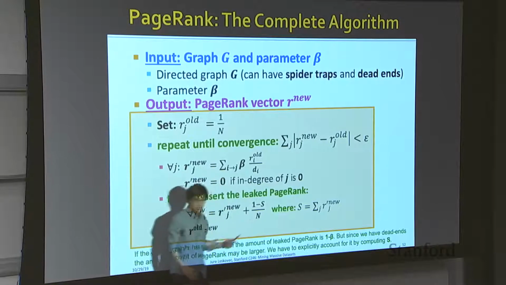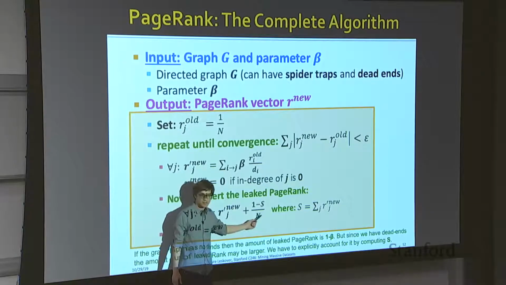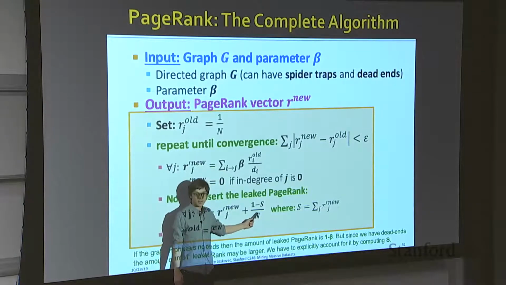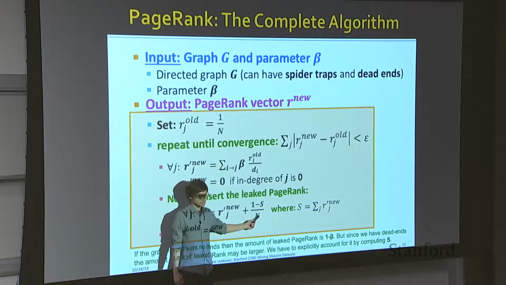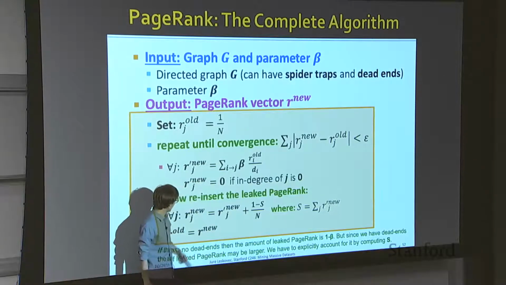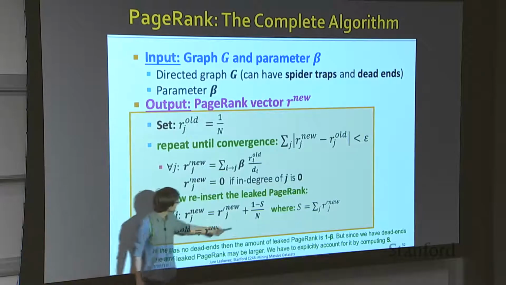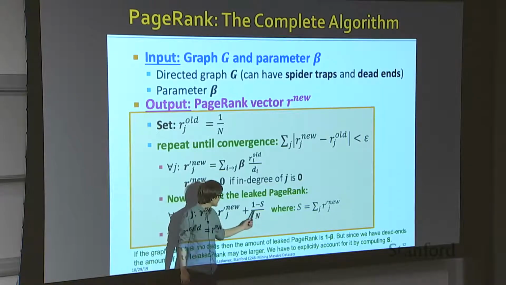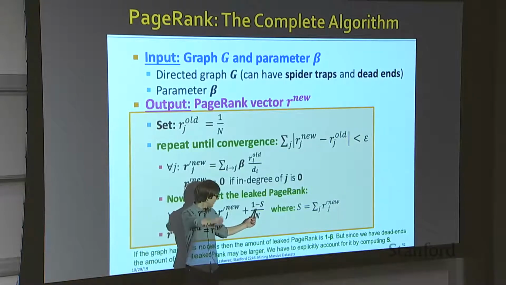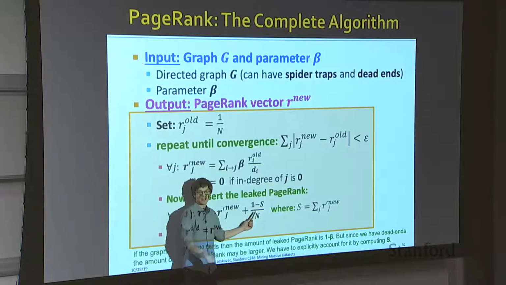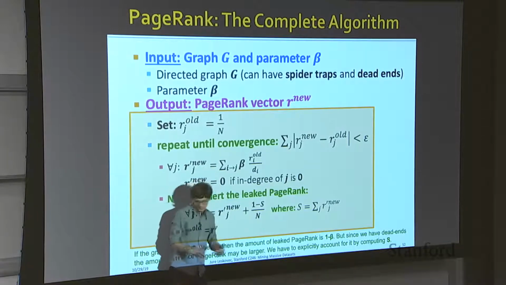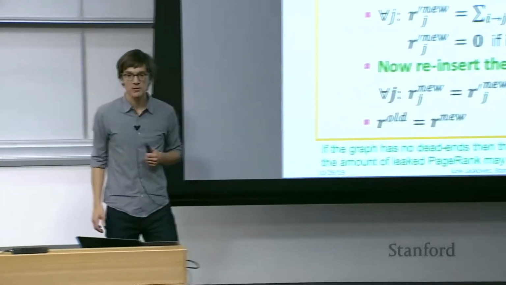It says that out of the dead end, the random walker landed at your place. So what this contains is two things: the landing at your place because of the 1 minus beta, plus the fact that I got lost in the dead end. Notice that I'm not explicitly accounting for random jumps here.